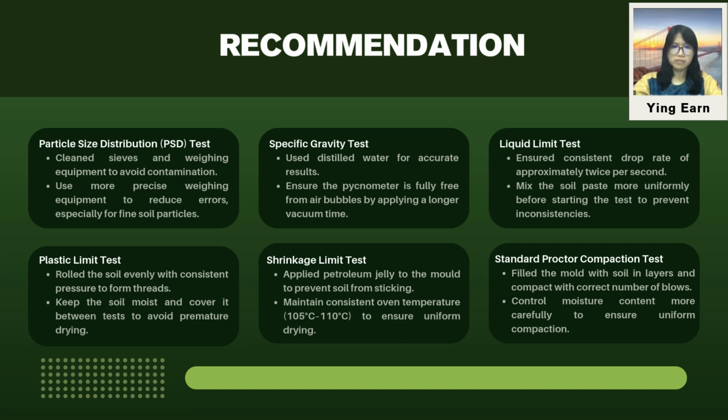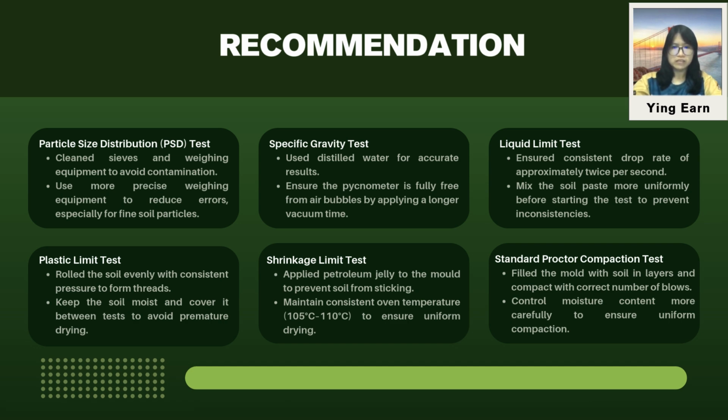For the shrinkage limit test, we applied petroleum jelly to the mold to prevent soil from sticking to the mold, and to achieve more accurate results, we should maintain a consistent oven temperature between 105 degrees Celsius and 110 degrees Celsius to ensure uniform drying.